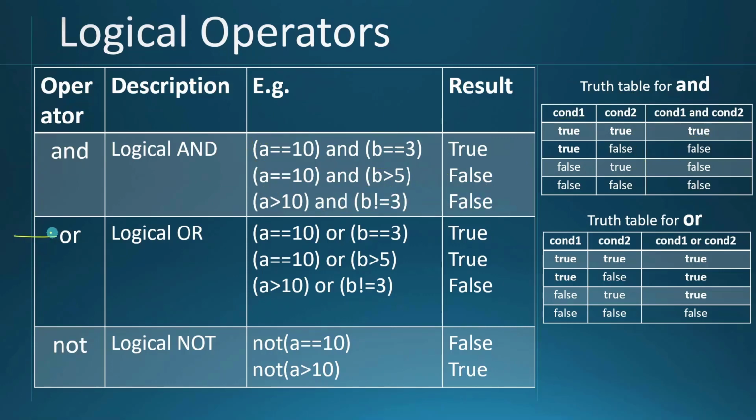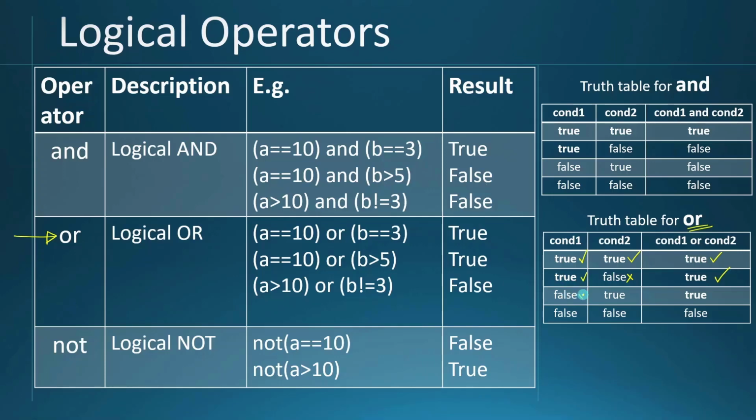Next we are going to study logical OR operation. Before we come to the example, let us go to the truth table for OR. Here you can see if condition 1 for OR is true and condition 2 is also true, the result for OR is going to be true. If condition 1 is true and condition 2 is false, still OR will give a true.